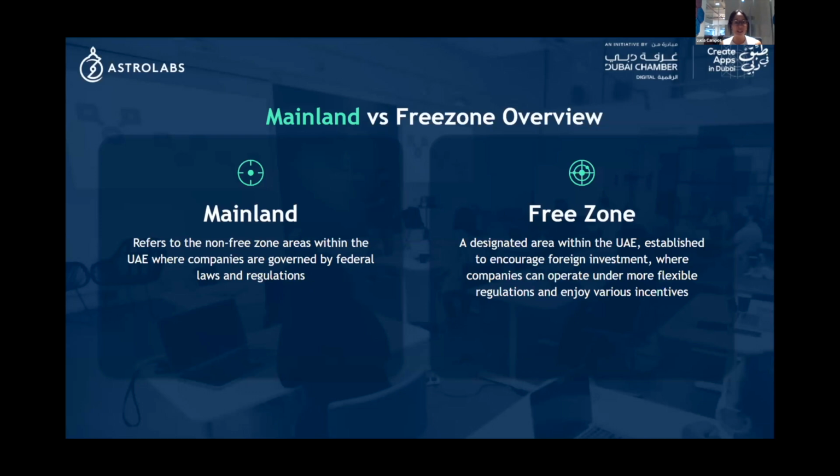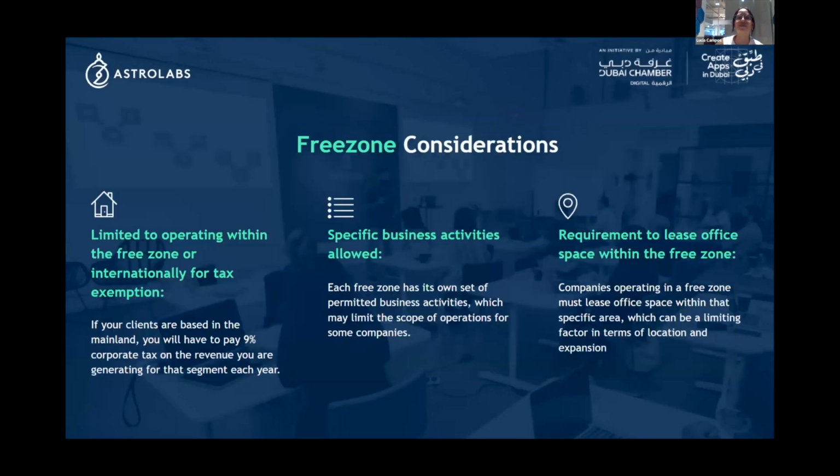For example, for tech companies, you can get support and network with other entrepreneurs, collaborate, and engage in knowledge sharing. And that is what Astrolabs essentially is in the DMCC. We're a tech hub. We're one of the DMCC's tech hubs. What we do is support businesses to set up, scale up, and also connect and collaborate with each other.